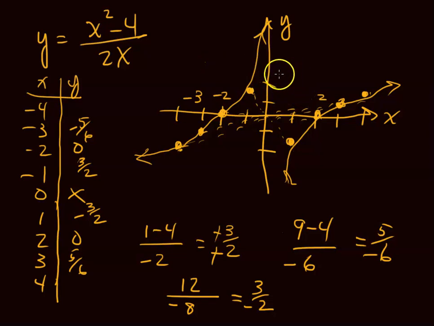Not symmetry with respect to the y, not symmetry with respect to the x. So by plotting some points and noticing the symmetry, we've got a pretty decent graph. We'll do these later on and it'll make even more sense. So you should be able to do the problems. Chapter 2, Section 2. See you in the next section.